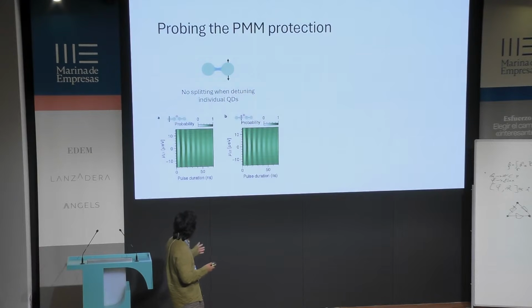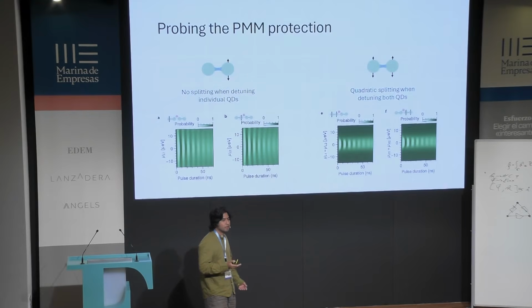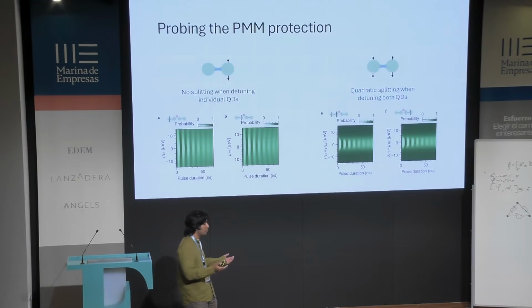We see that there's some small dependence on the frequency, but we see them persist. And in the same way, if we detune the two quantum dots, we go to a charge qubit regime where we basically lose all coherence really fast, because we're transforming these protected states into just a regular fermionic state.